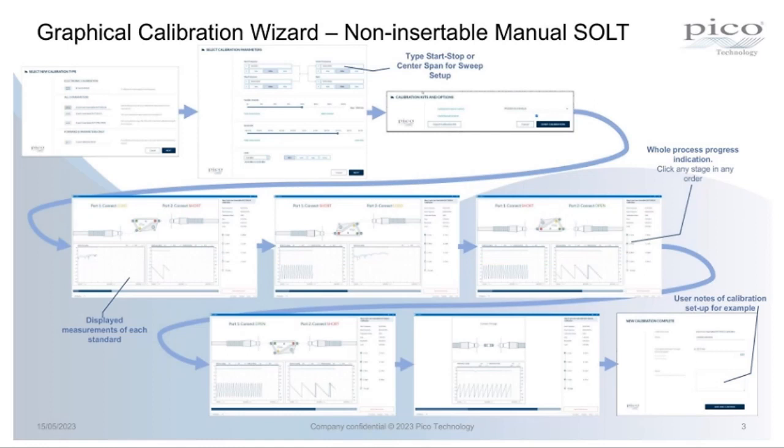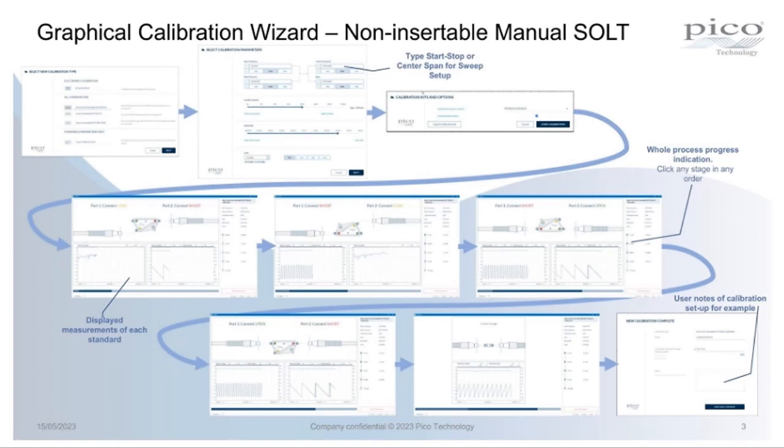Each time you've completed the connection, when you press go, a sweep will begin and you get live measurements of your standards. The customers like to see this. It gives confidence that you're progressing with the right standard, that the standard is not damaged, and that you're going to be successful in your calibration. So it's good to see measurements being made during cal.